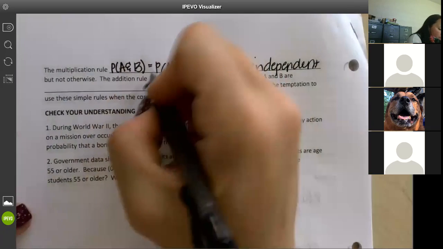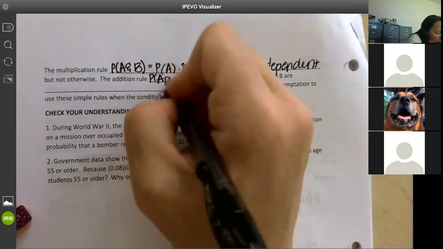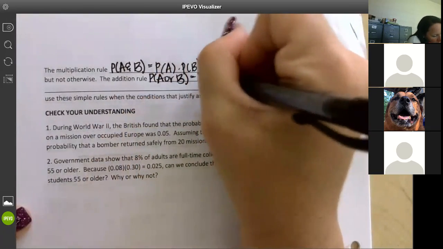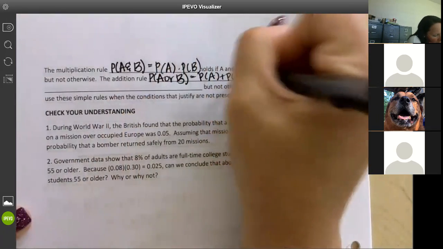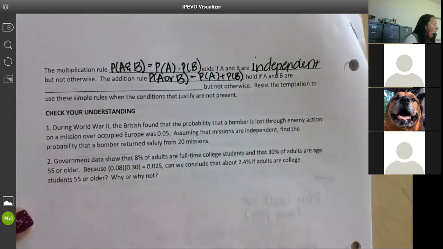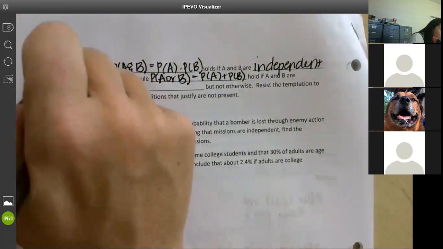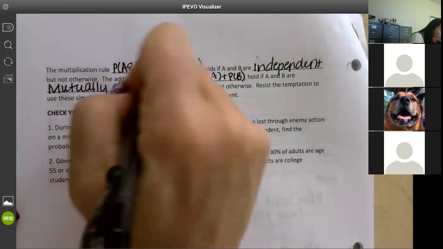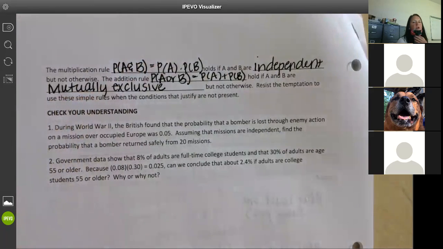The addition rule: the probability of A or B, which is the probability of A plus the probability of B, holds if A and B are mutually exclusive. What happens if they're not mutually exclusive? What happens to the addition rule? You have to subtract the overlap. Good. Resist the temptation to use these simple rules when conditions that justify them are not present.